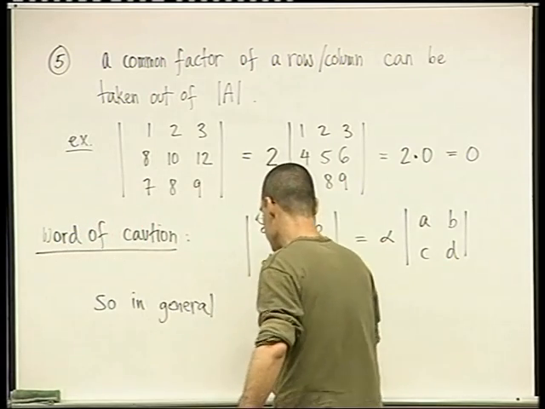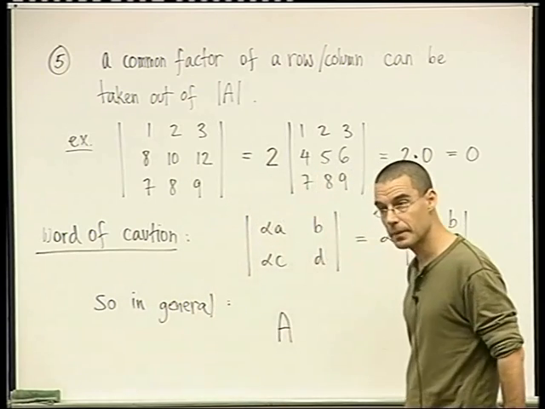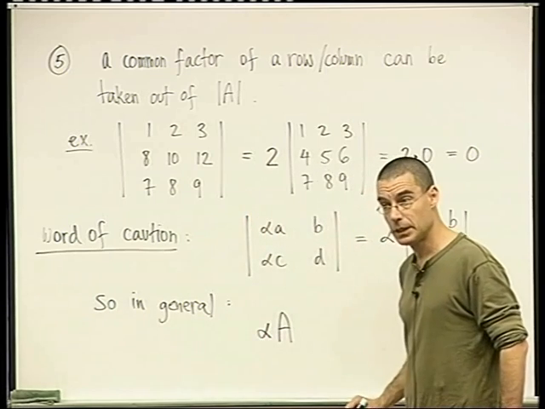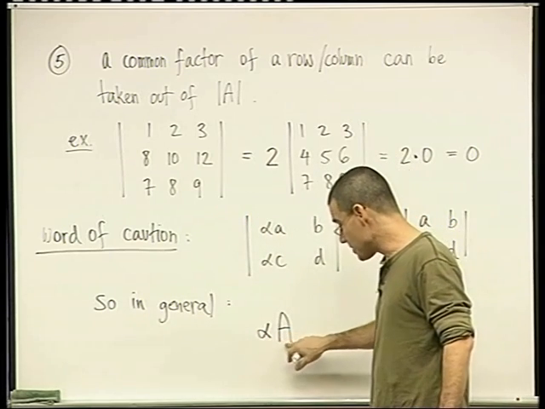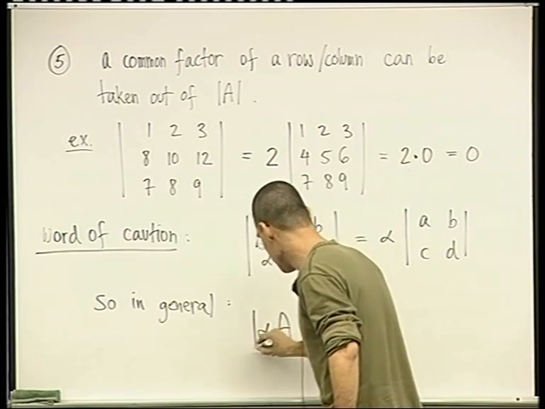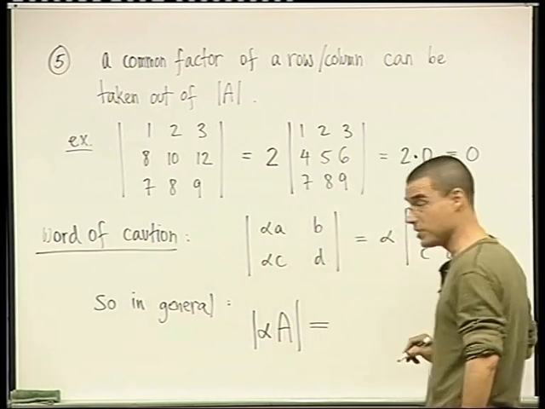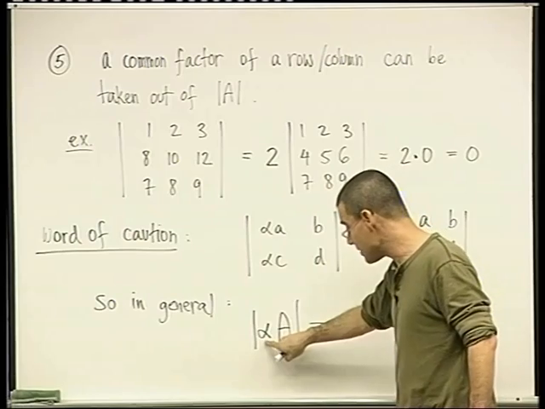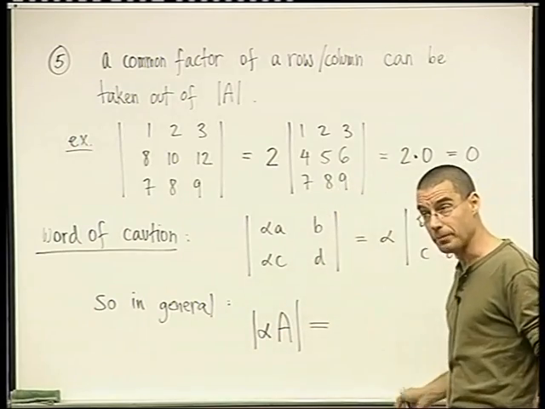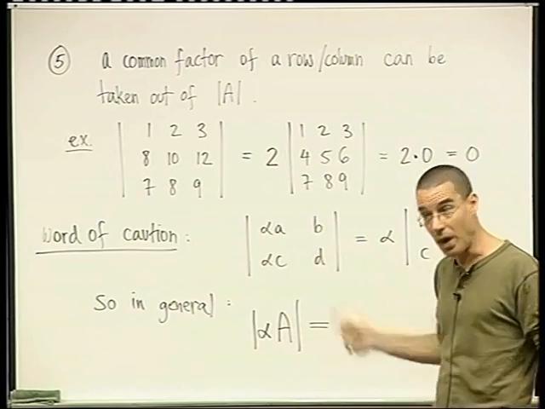if we take a matrix A and multiply it by a scalar alpha, multiplying a matrix by a scalar is multiplying every single entry by that alpha. Then you'd have this alpha in every row and in every column. So you would pull it out how many times? n times, 1 from each row.